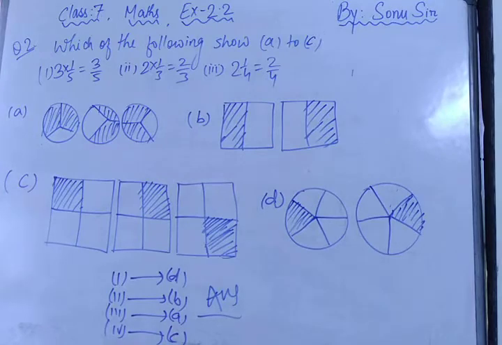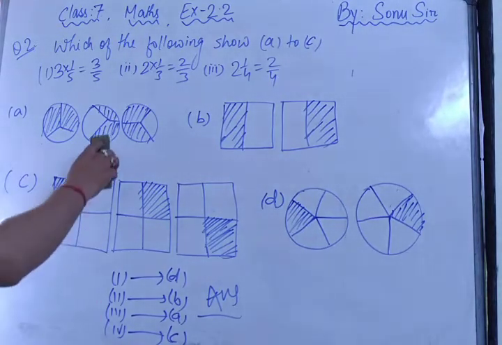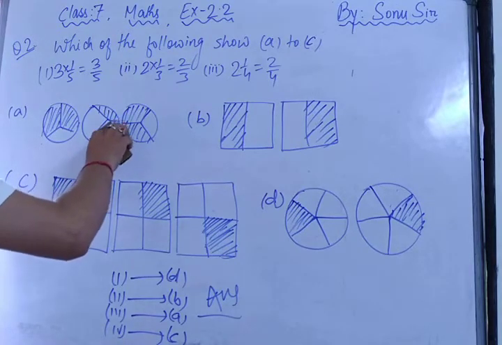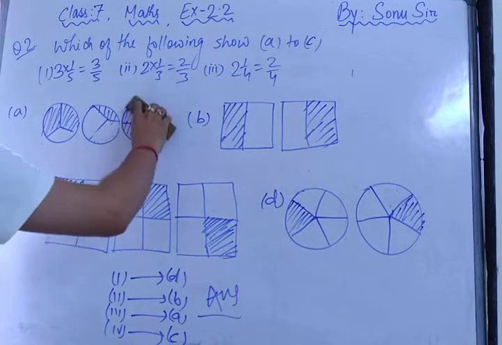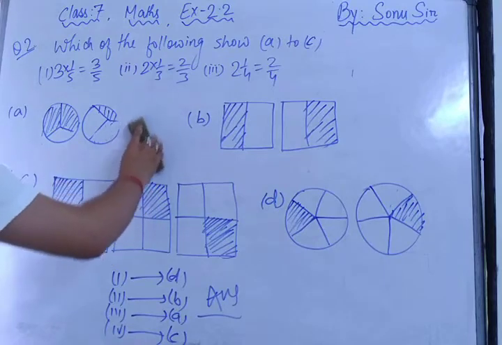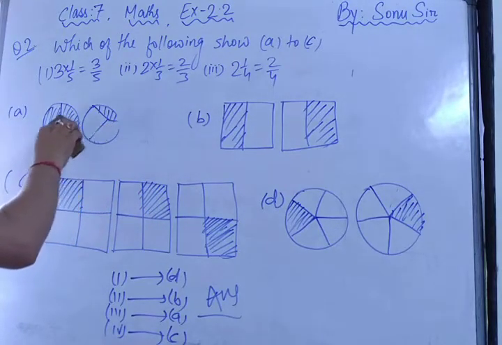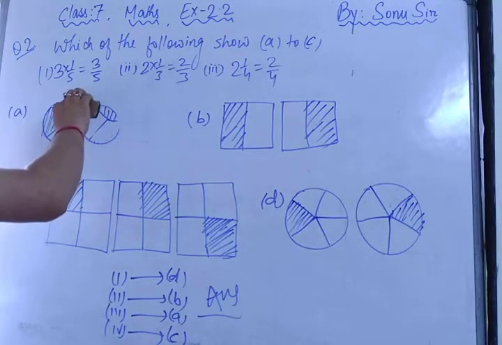Now, according to the options, just see option A. Here there are 2 figures, 2 circles. Out of these, 1 is a colored part.